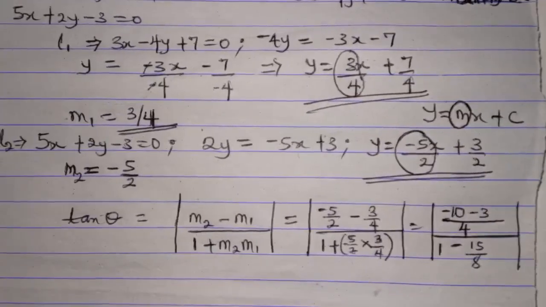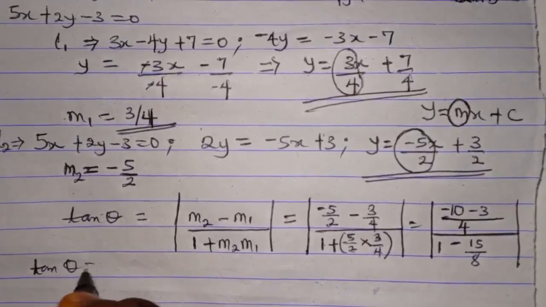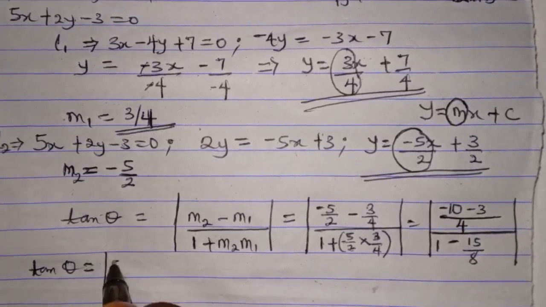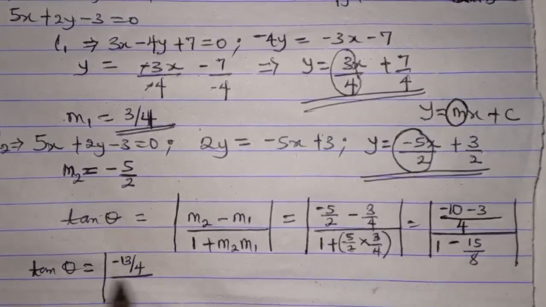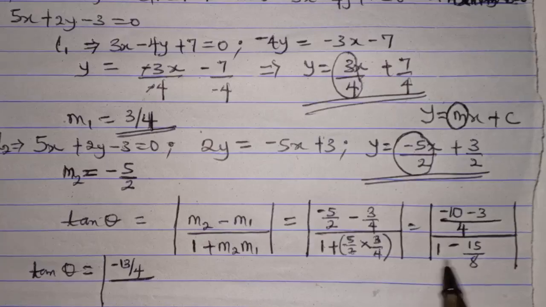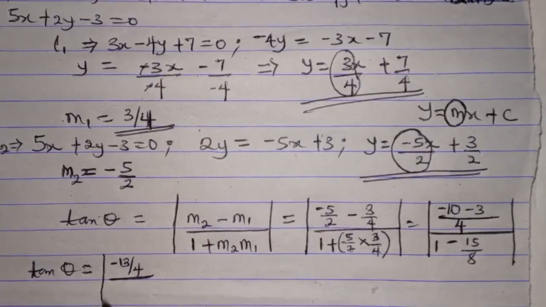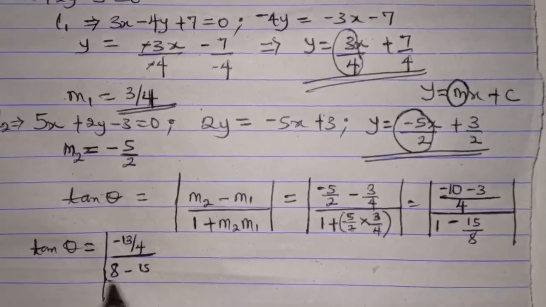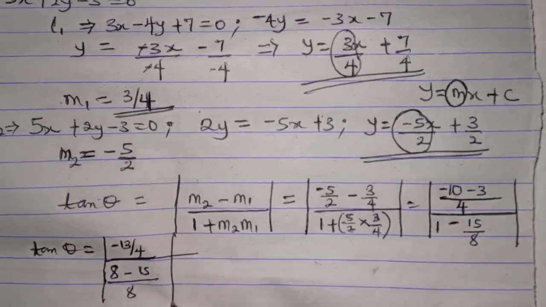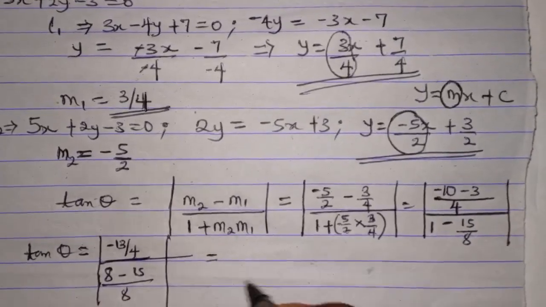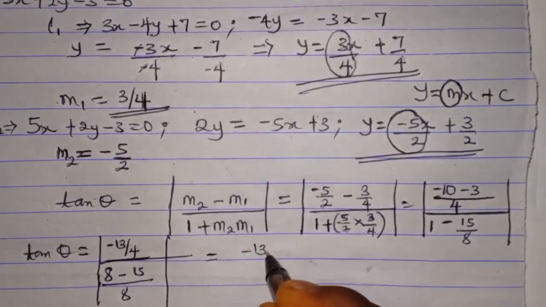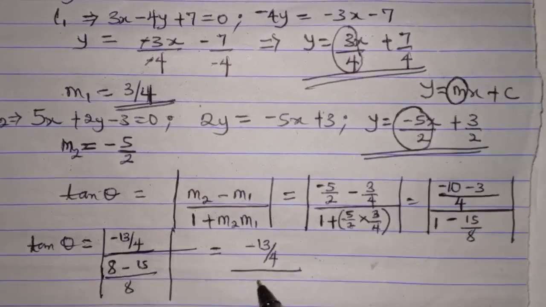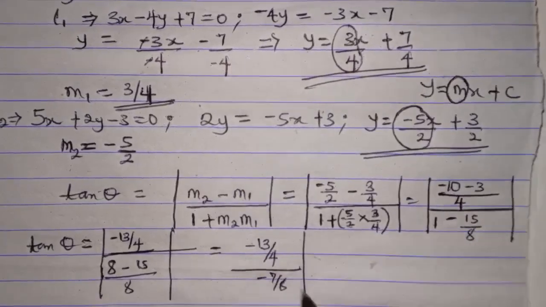So tan theta is equal to the modulus of minus 13 over 4, divided by, simplifying this, 8 times 1 is 8, minus 15 all over 8. So we have minus 13 over 4 divided by minus 7 over 8.